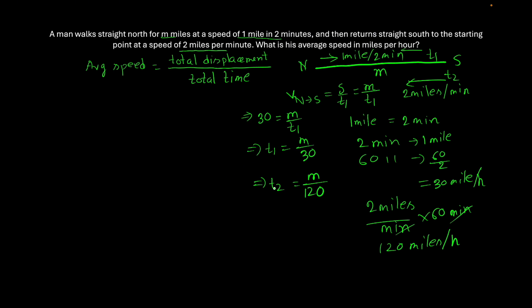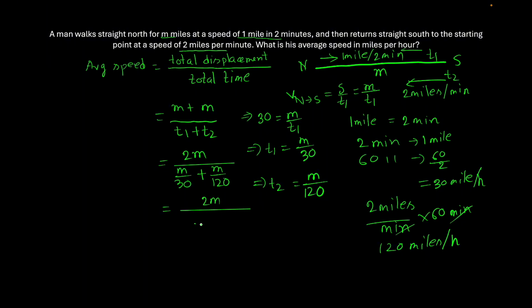So now look at this. We know the total time, and we also know the total displacement, so we can find the average speed. Total displacement is m plus m, as it goes north to south and then south to north, and the total time is t1 plus t2. So it will be 2m divided by m by 30 plus m by 120.